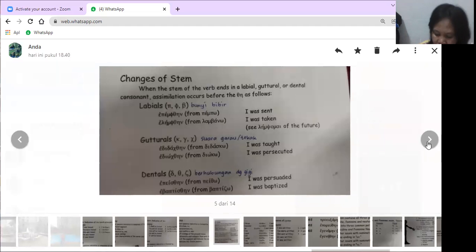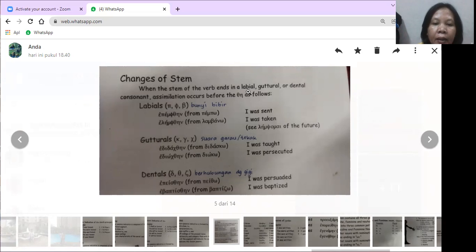And then we find the change of stem. When the stem of the verb ends in a labial, pi, phi, or beta, we voice it on our lips.